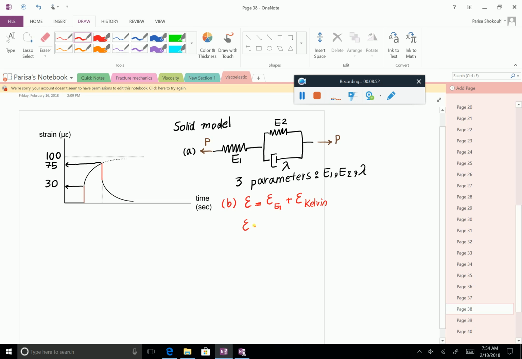From the spring, it's simple. It is sigma 0 over E1. And the Kelvin model, if you look up your notes, is a delayed deformation. It looks something like that.